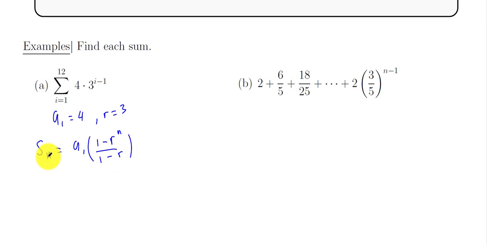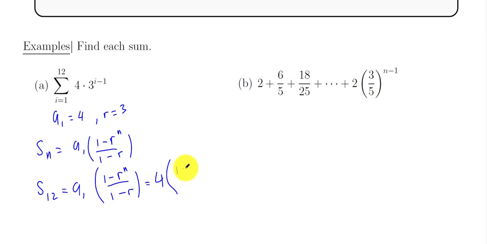I want to find the sum of the first 12 terms, so I want to find S12 equal to a1 times 1 minus r to the n over 1 minus r. Now a1 is given as 4, r is 3, n is 12.